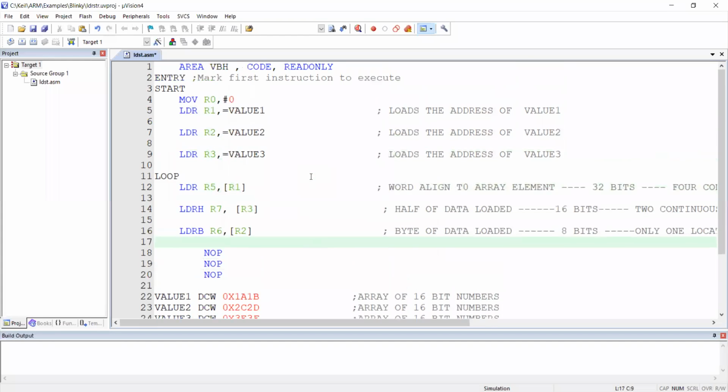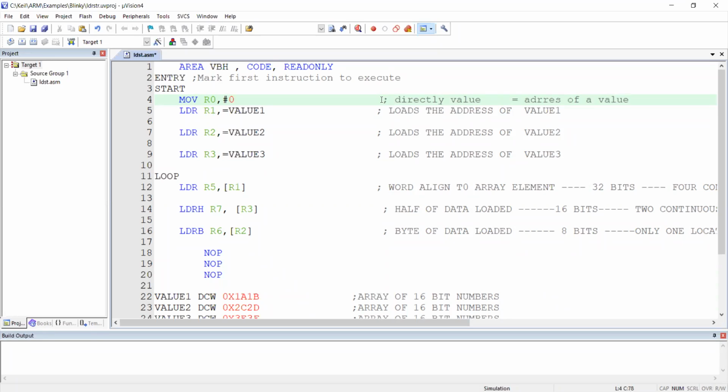So I will use three pointer variables called R1, R2, R3, which point to the address of the values. Please make a difference. Hash directly stores the value, whereas equal considers it as the address of a value.